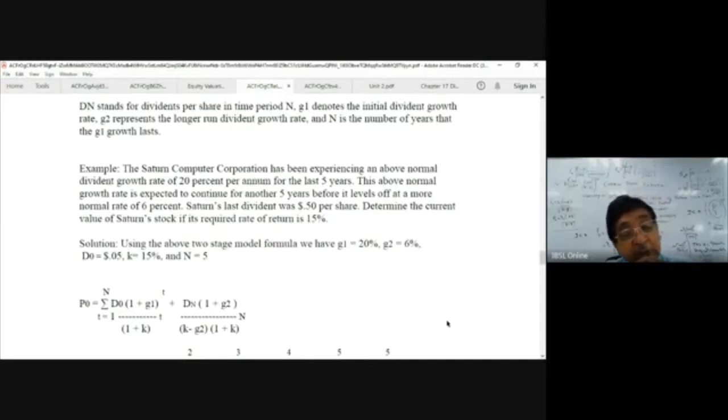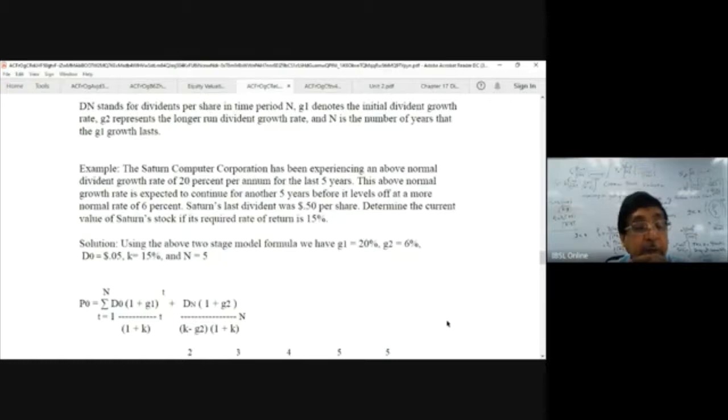Now, what is the 6th year dividend? You have to get the 5th year dividend into, no, this is the 5th year dividend actually. We can calculate that.